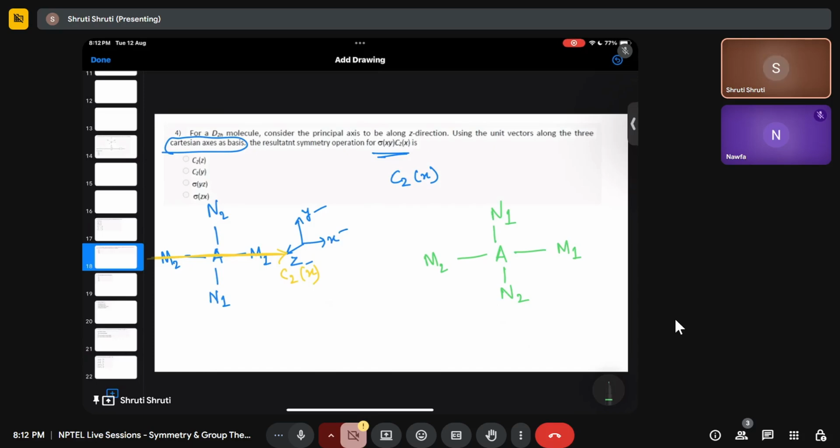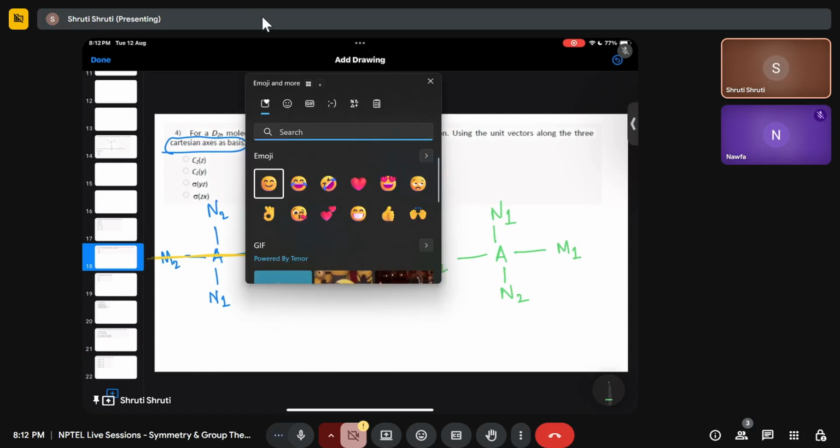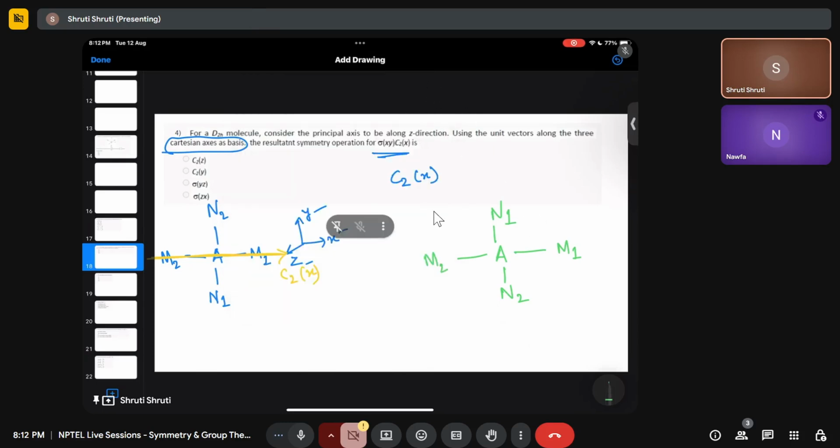Okay. Next, if you apply sigma xy, is there any misprint in the question? Now you apply sigma xy. Sigma xy will be this plane.